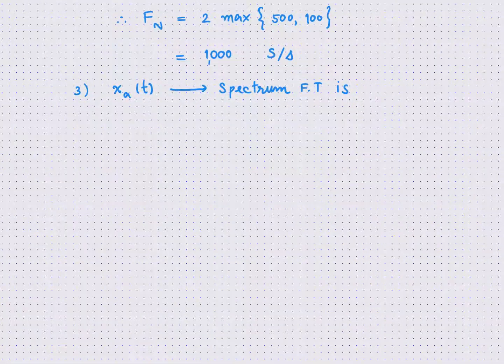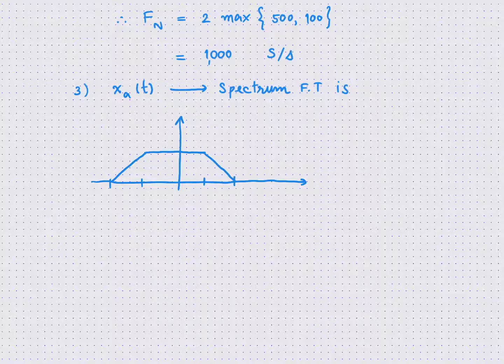Here we give you a spectrum of the analog signal rather than giving you the equation of the analog signal. So let's say that the spectrum looks something like this. Here we have the key frequency.